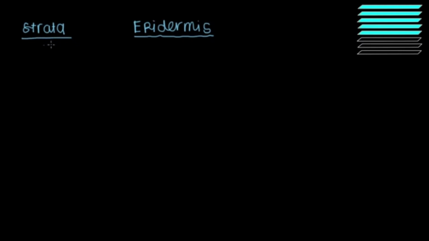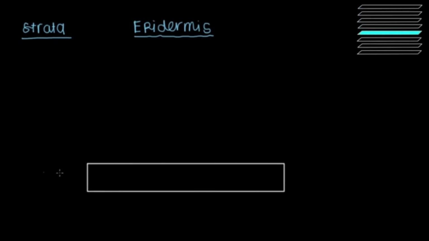So we'll start from the bottom. The bottom layer, the deepest layer, is called your stratum basale. It's derived from the term basale, which means base, just right above the dermis. This layer is composed of keratinocytes.